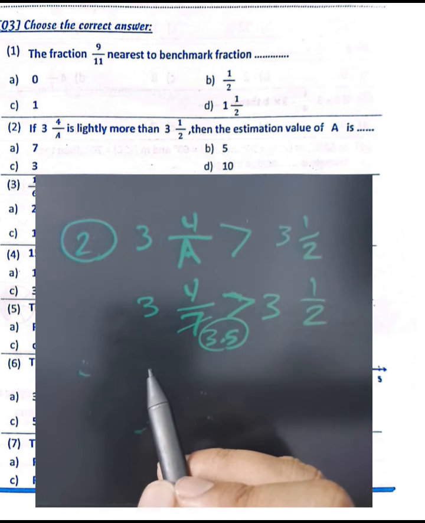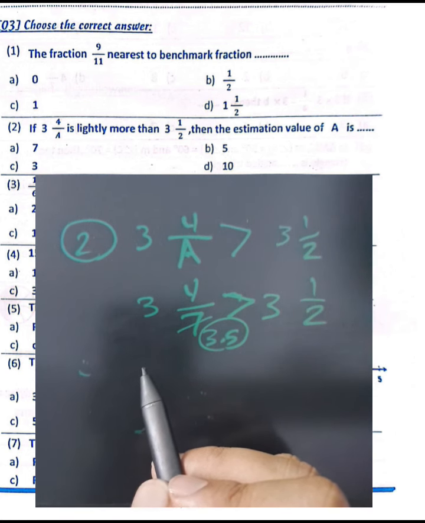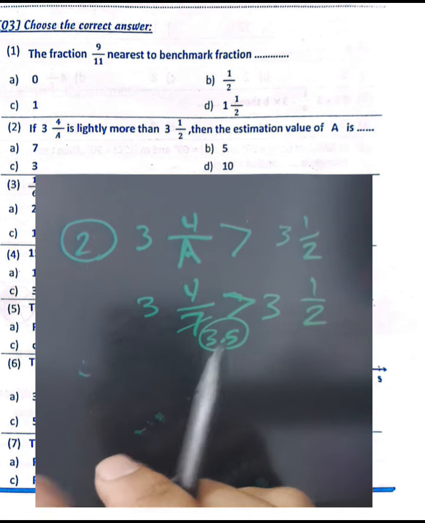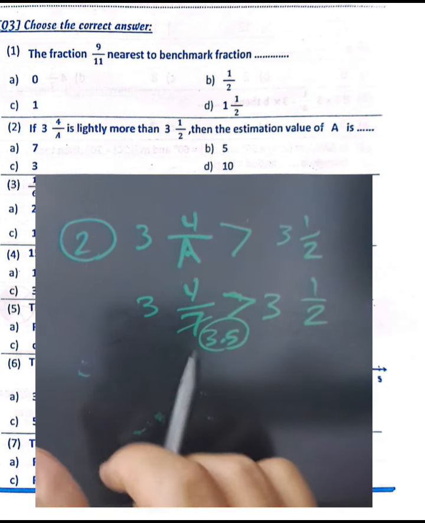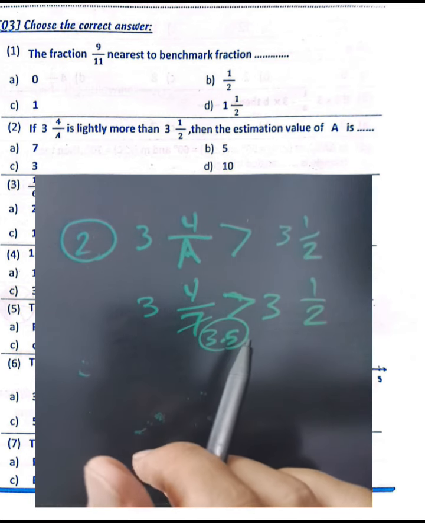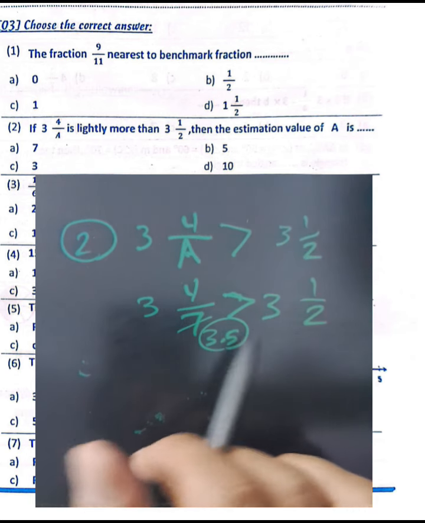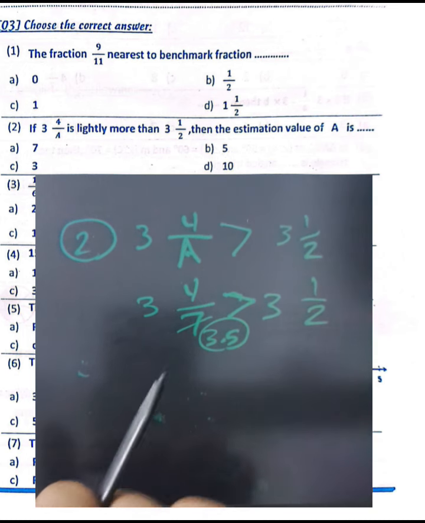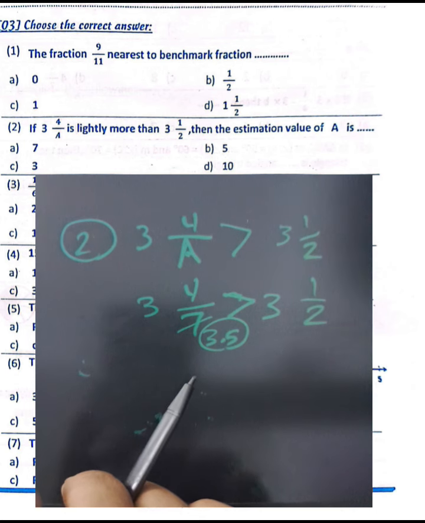Okay, then the phrase slightly more than is nearest to the estimation. If we put 7 here, then 4 over 7 will be greater than 3.5, because 4 is nearest to half of 7. Half of 7 is 3.5.